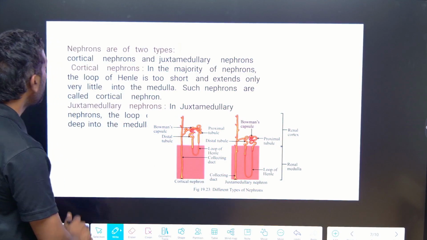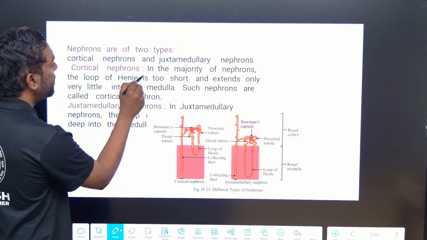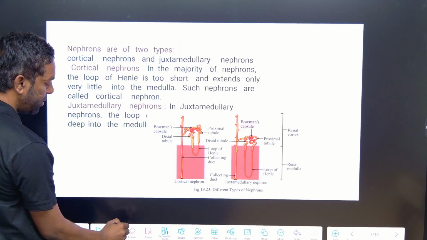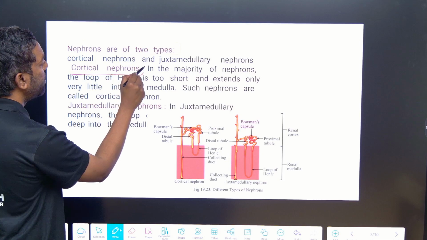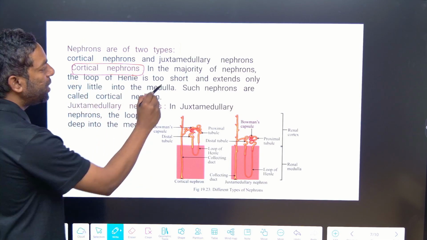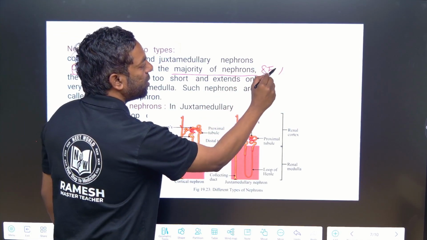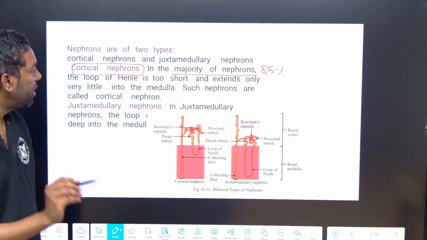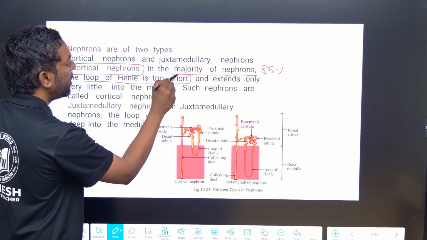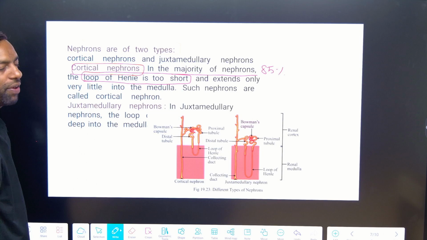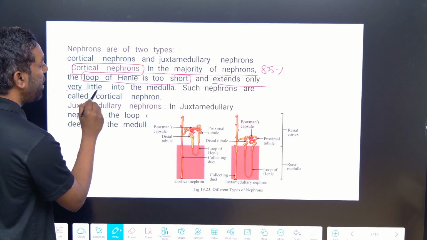Based on the nephron there are two types: cortical nephrons and juxtamedullary nephrons. The majority of nephrons, 85 percent, are cortical nephrons. The loop of Henle is too short and extends only very little into the medulla.